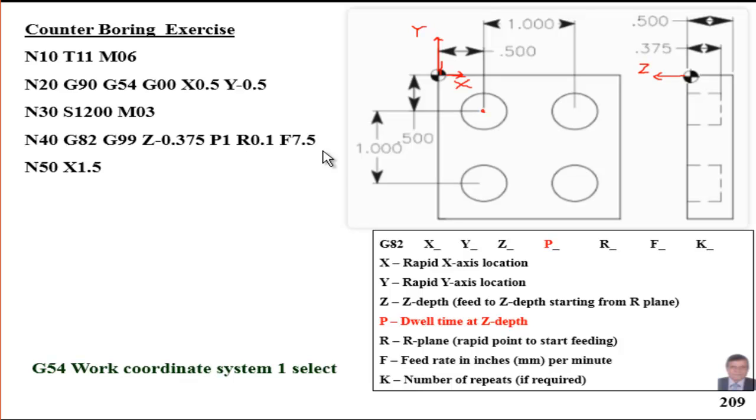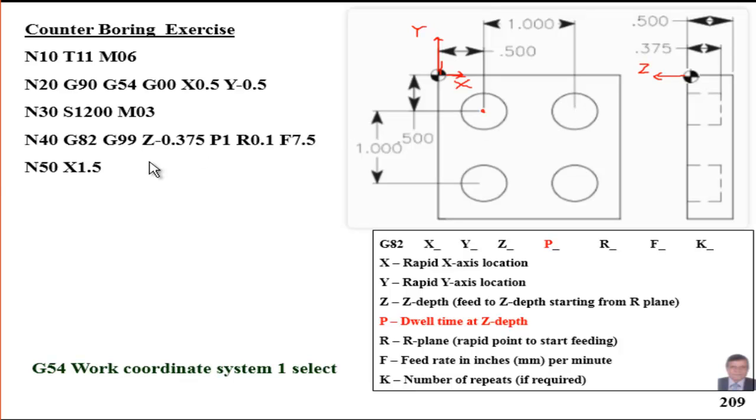The next step is to shift the tool from that position to that position. What we just need to program is the new value of X, because Y is the same, so no need to mention Y here. So when we select X equal 1.5, we move the tool to that position, because that location is 1.5 from the 0 point.